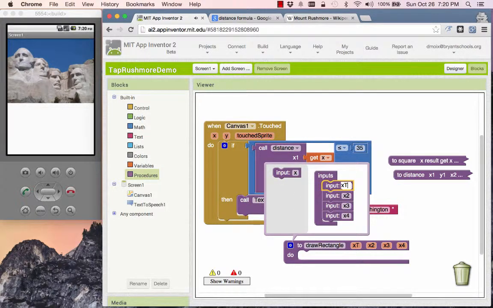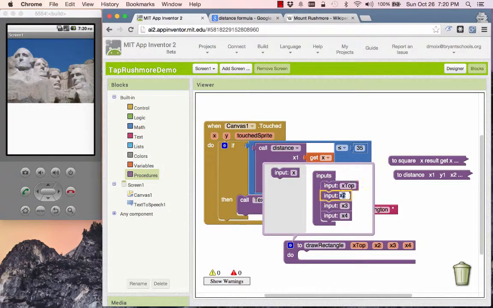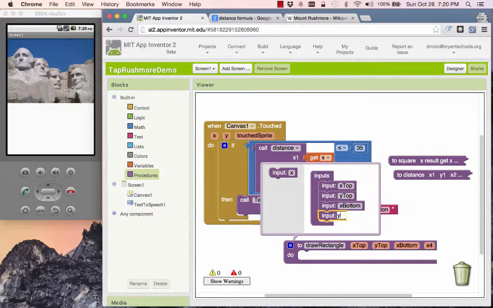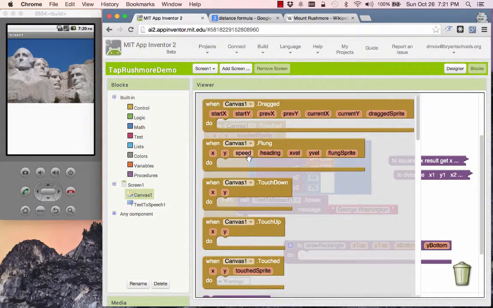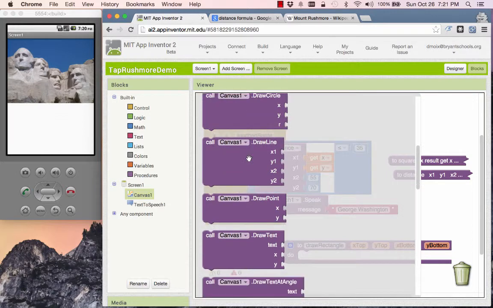So we have x top, y top, x bottom, y bottom. And then, instead of drawing a rectangle, let's draw a diagonal line to see how this works. So on the canvas, I have the ability to draw a line.